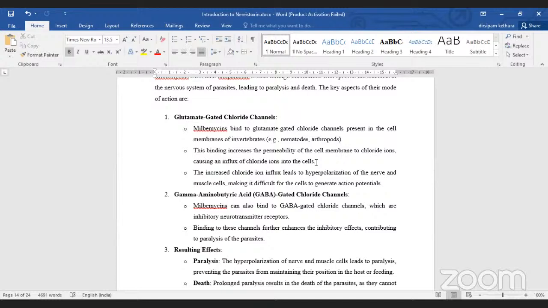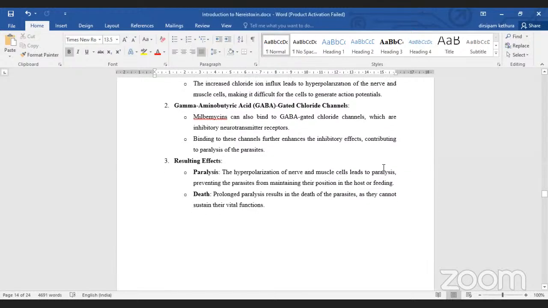If there is a problem with generating action potentials, as we already know, these gated channels are involved in physiological activity. So when this fails, obviously it leads to alteration in the physiological activities or the cellular functions, failing to regulate the cellular functions, and that leads to the death of the organism.